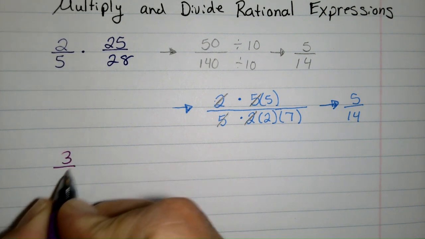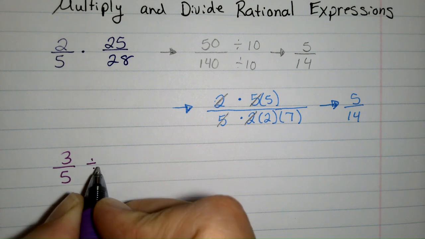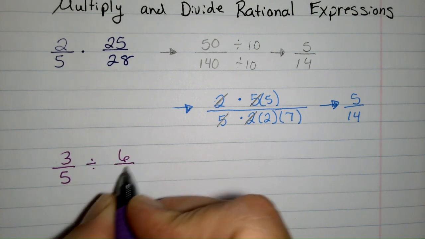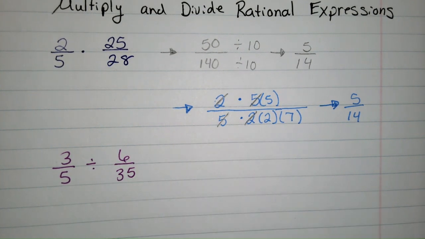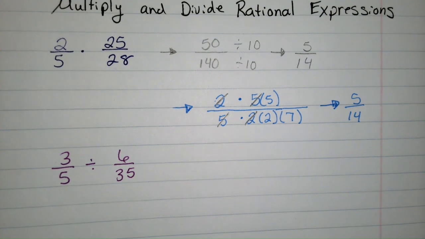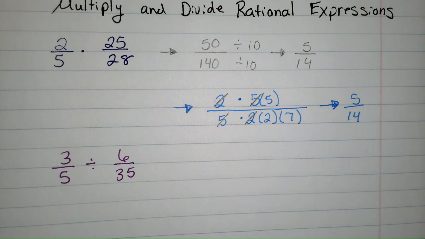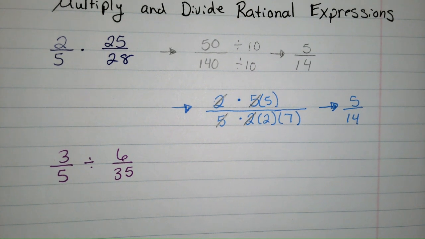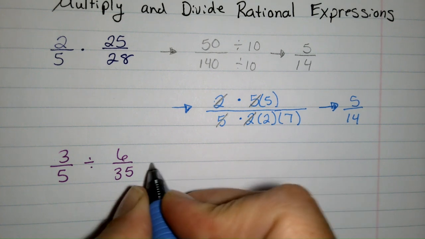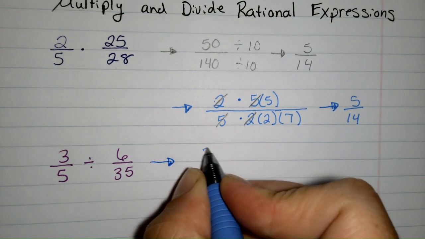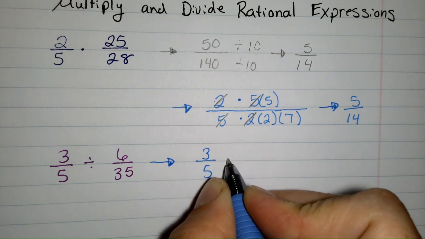So 3/5 divided by 6/35. To divide fractions, we actually use a multiplicative inverse, or the reciprocal. Some people learned in younger years to call it keep, switch, flip.